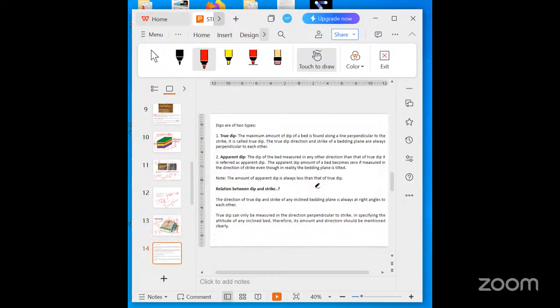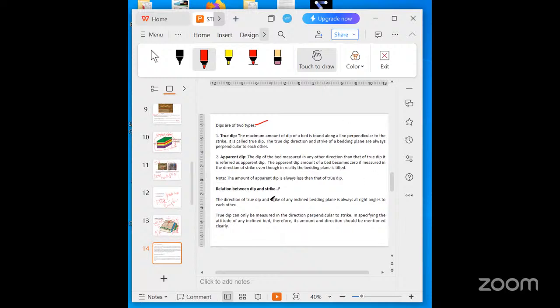Now, dip is of two types, right? So what is the direction of dip? Direction of dip is the geographical direction along which a bed has maximum slope, right?